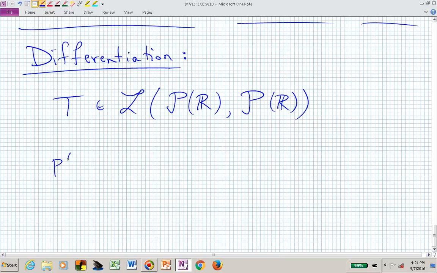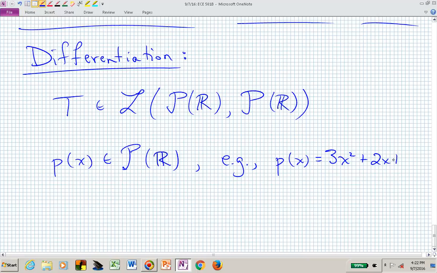Suppose that we take a polynomial, p of x, in capital P of R. It's helpful sometimes to write down a concrete example, so let's say that p of x is 3x squared plus 2x plus 7.